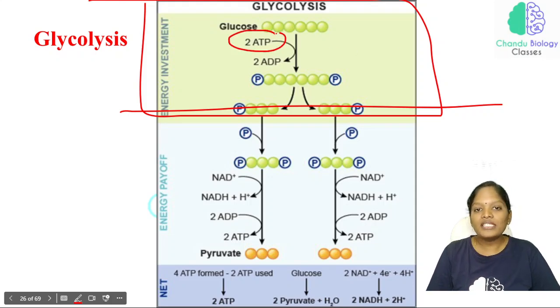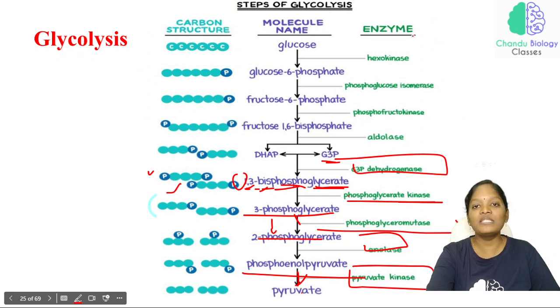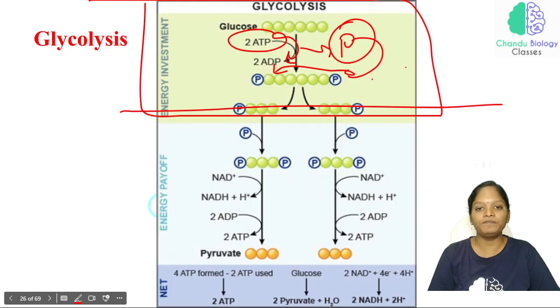The ATP is converted into ADP, one phosphate molecule is released, and that phosphate is added to the first carbon. That is what is done to form fructose 1,6-bisphosphate.